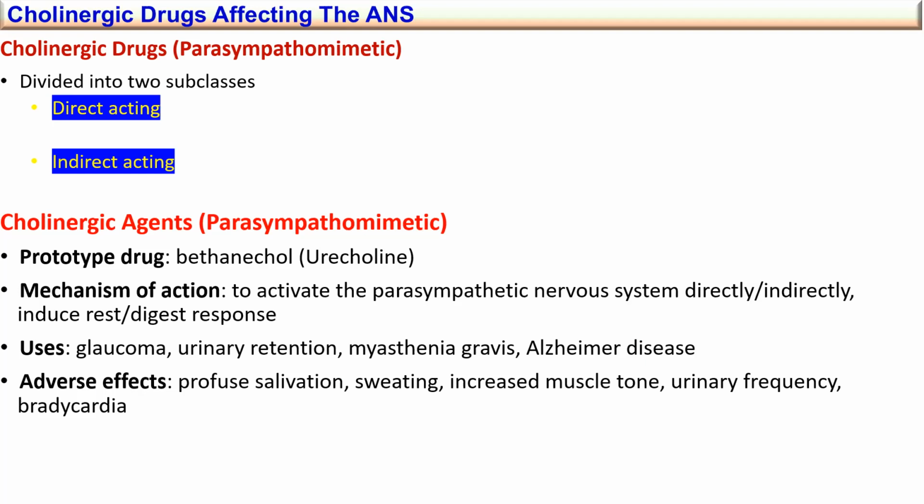So indirect acting means inhibition of the action of this enzyme, acetylcholinesterase, AChE. Indirect acting drugs have a high potential for serious side effects.